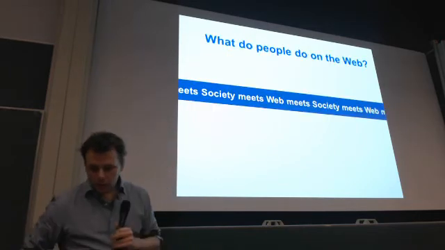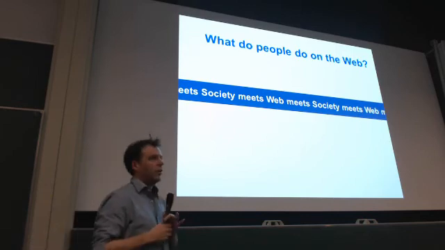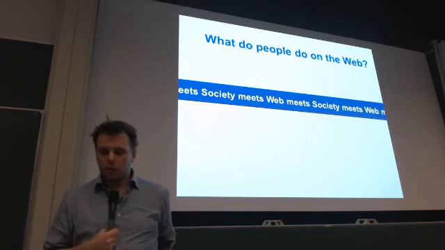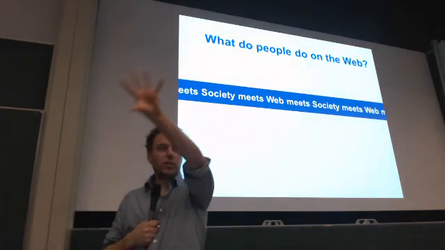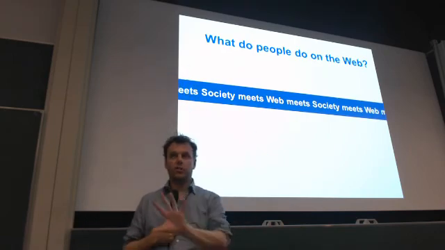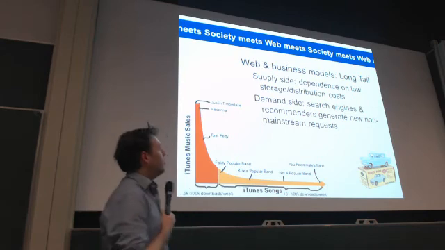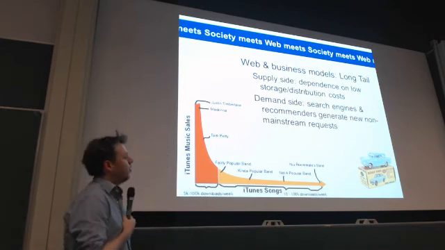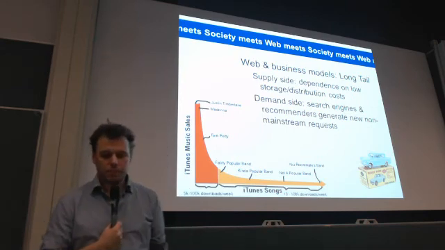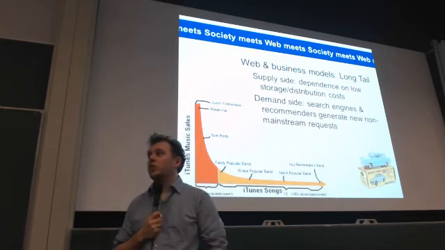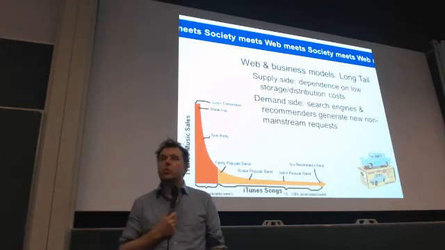Okay, so let's take a closer look at some other things that happen on the web, to see where these different areas of science might interfere. Right, so this is where web meets society. So, for example, where web meets business. So the question is, how have business or the economy changed with the web? Right.